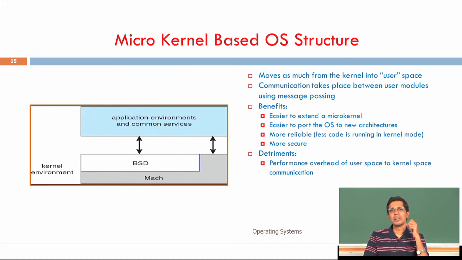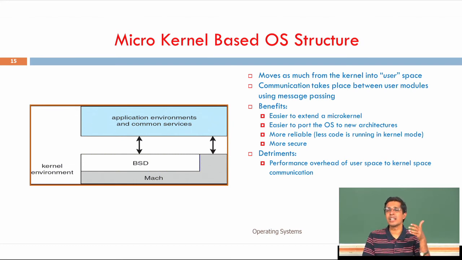Since all the other parts have been pushed out, the microkernel becomes much smaller, and it becomes easy for us to port it across multiple architectures. It is also possible that I can do formal verification of these microkernels, because they are very small in size, and I can ensure not only that the desired functionality is executed by the microkernel, but that functionality we do not desire will not be executed.